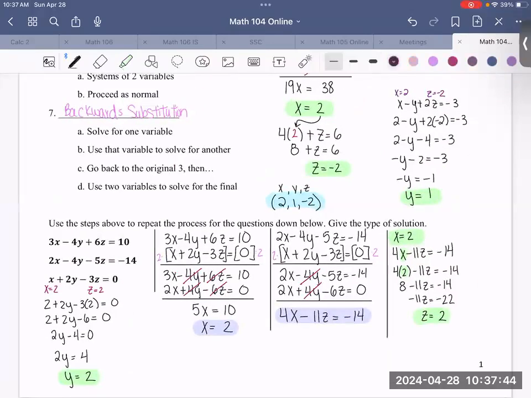So, third solution. If you wanted to, you can write it out as a point of 2, 2, 2, and 2.